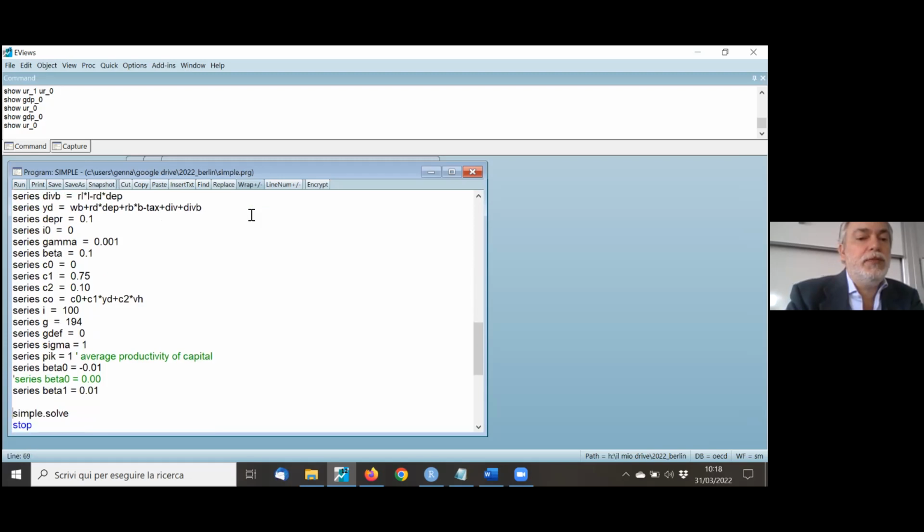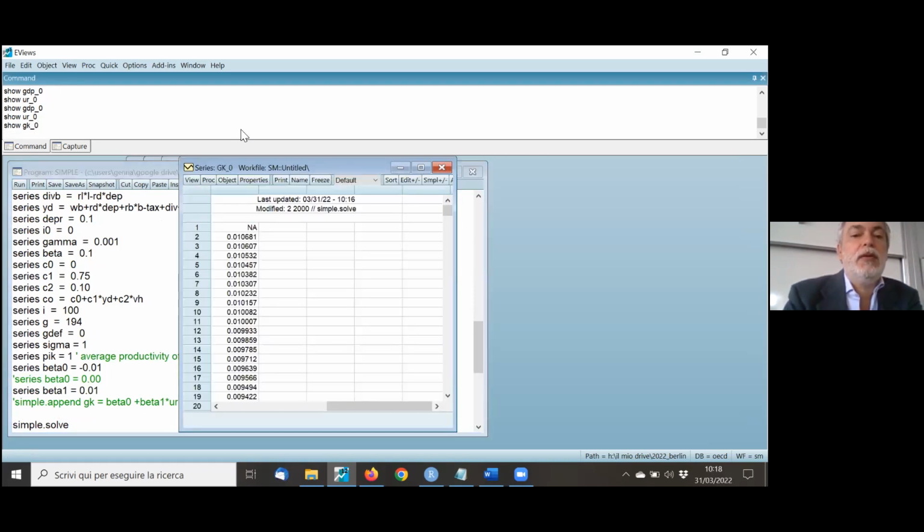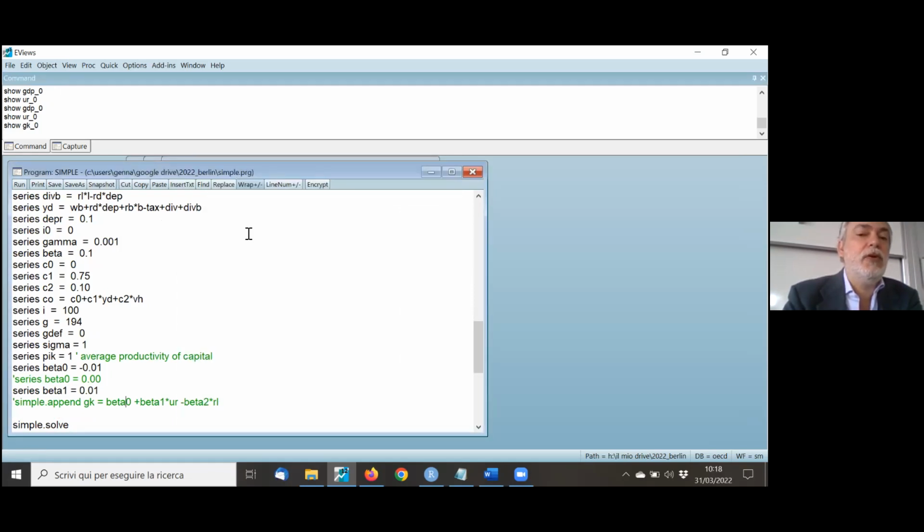So if we want GK to go to 0, roughly, so this is almost 0. Our beta 0 is minus 0.001. Our beta 1 is 0.001.